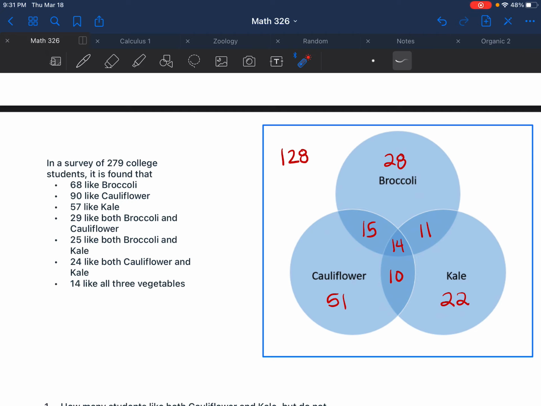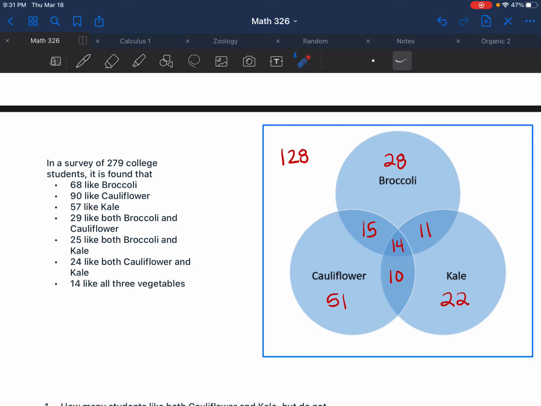People that like broccoli and kale is this whole section right here. But in our Venn diagram, we can see that 14 out of those people that like broccoli and kale also like cauliflower. We can't tell that by just looking at this 25. But we can looking at our Venn diagram.